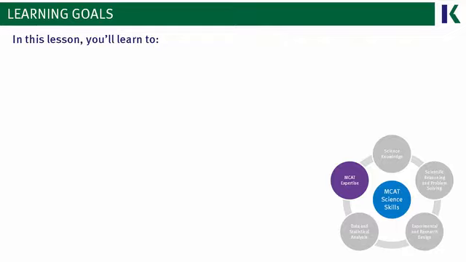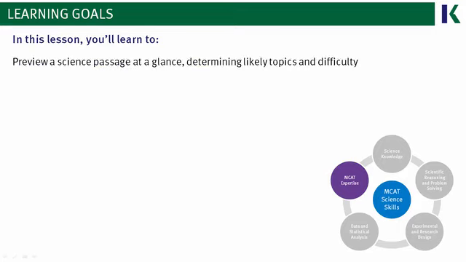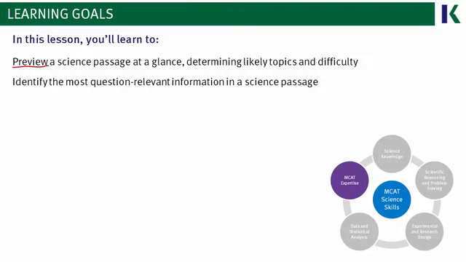Our learning goals for this lesson are going to align directly with the steps of that strategy. Our first objective will be to show you how to preview a science passage, how to handle that first step of the method. The second will be about how to read strategically and identify that question-relevant information. And then the third about how to make passage outlines, which you're going to be very used to by the time you get to test day.